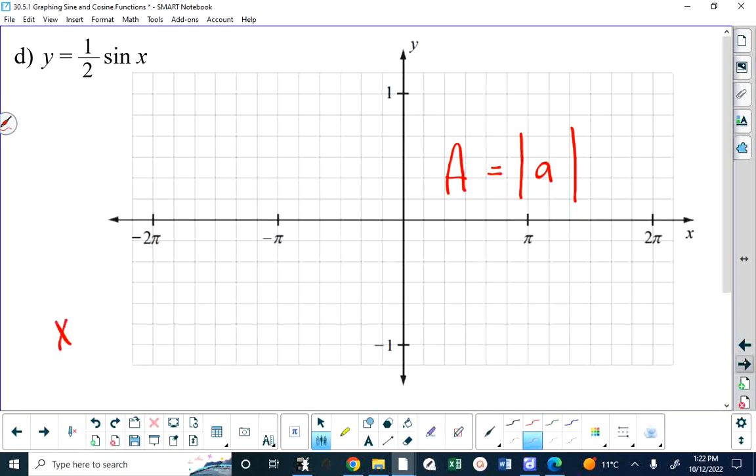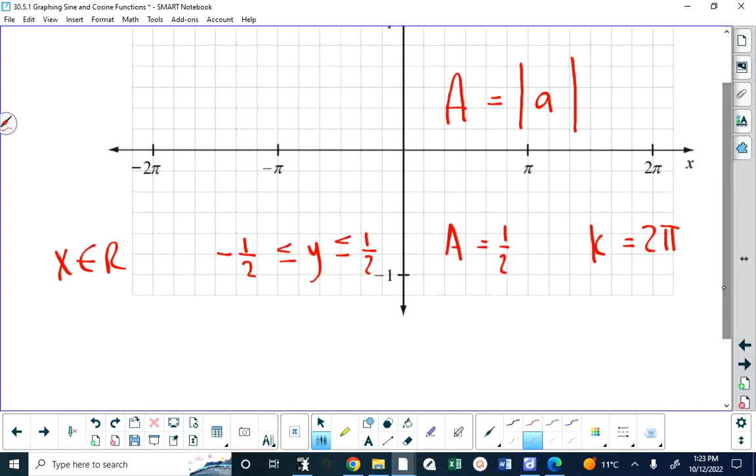The domain of all of these is any real number. The range is, in this case, -1/2 to 1/2. The amplitude is 1/2. The period is 2 pi. Quick question for you to ponder.